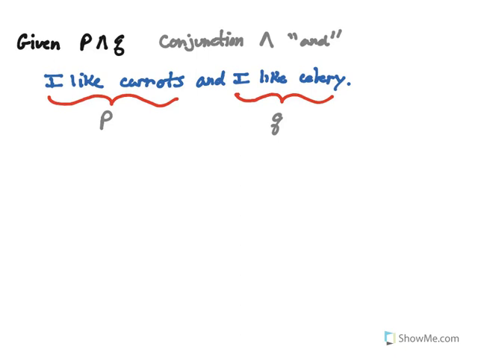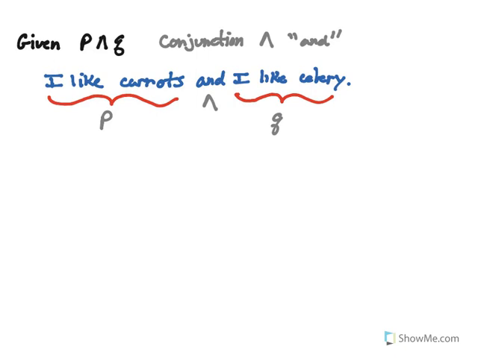And this here is your "and" symbol. All right, so P and Q. Your P is I like carrots and I like celery, or I like carrots and celery. This is just the formal way of writing it.